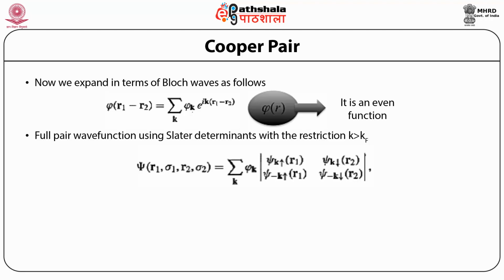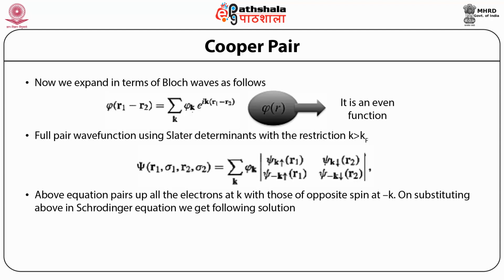So our equation now pairs up all the electrons at k with those of opposite spin at minus k. You see the summation here is over k, so all of the electrons are paired. On substituting the above in the Schrödinger equation, we get the following solution.